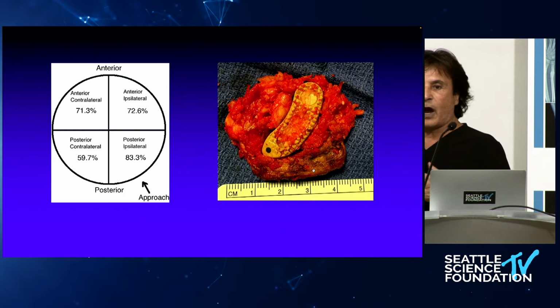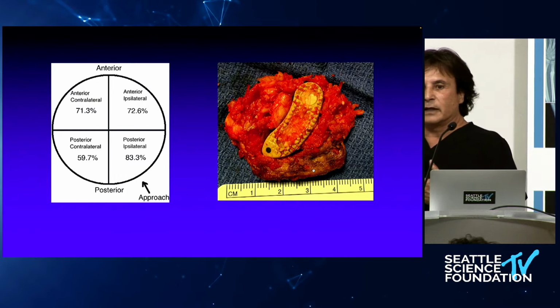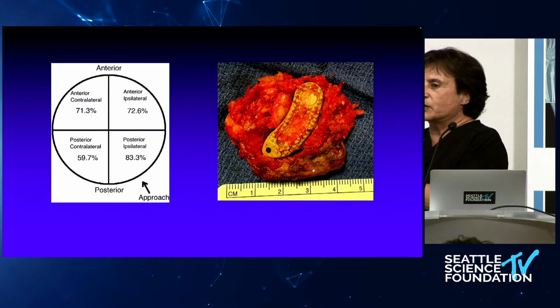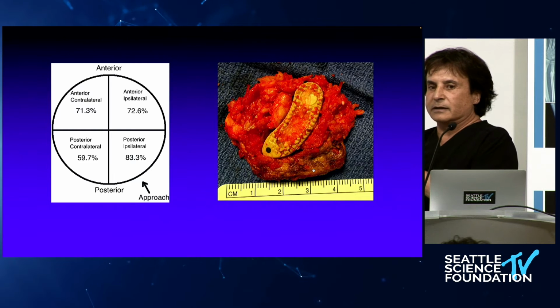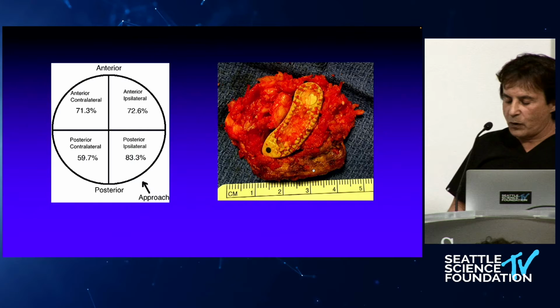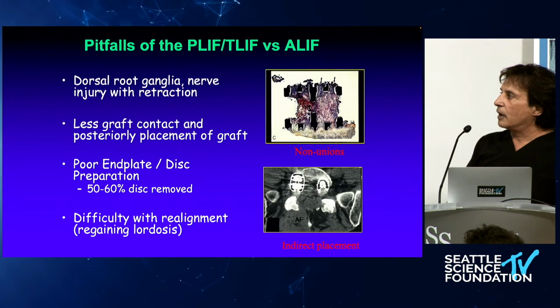So I don't care if you've got this fancy expandable TLIF. I don't care what you've got. It doesn't make a difference if you don't have it positioned properly in the front. And that's what it tells. So here is why I have referred back to the anterior approach for me.